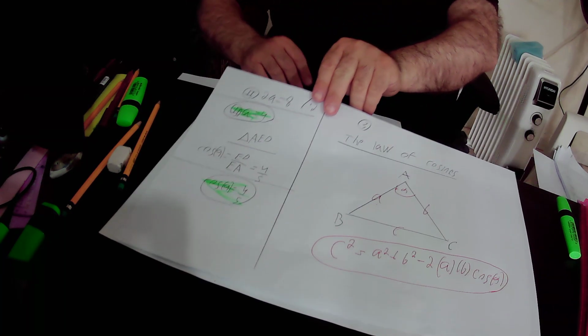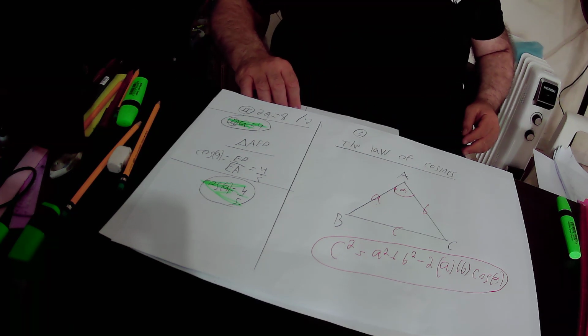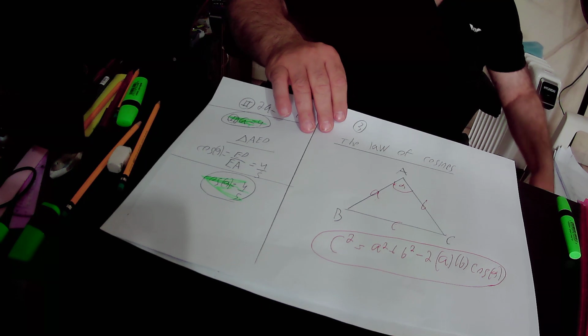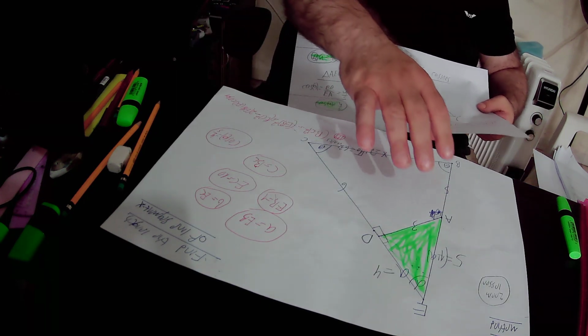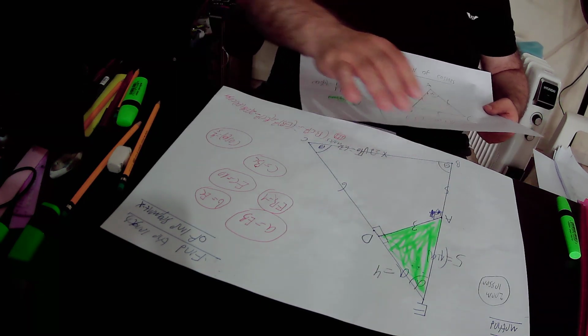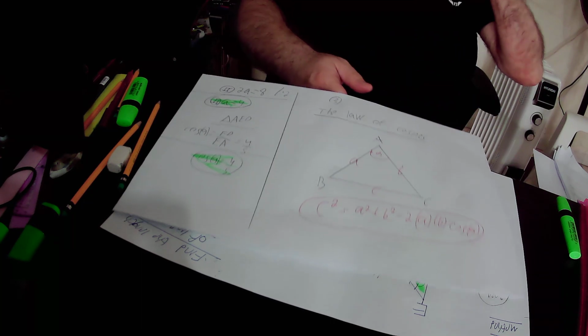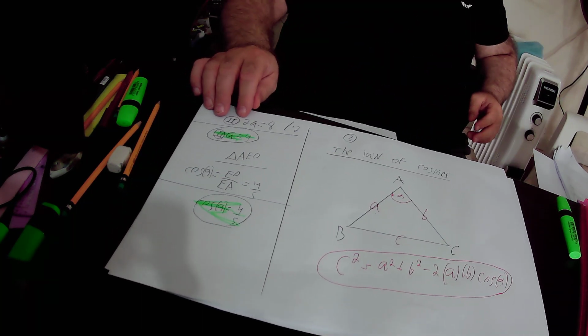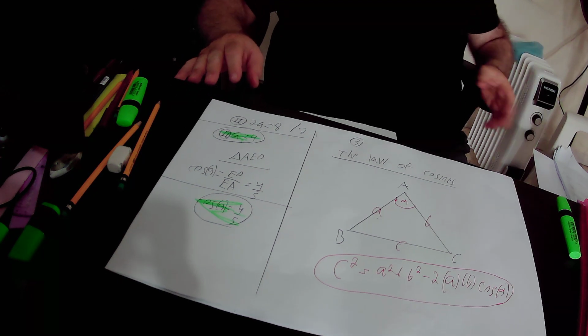Then I presented to you the law of cosines, and we implemented it in the big triangle ABC. The law of cosines is true in any triangle.